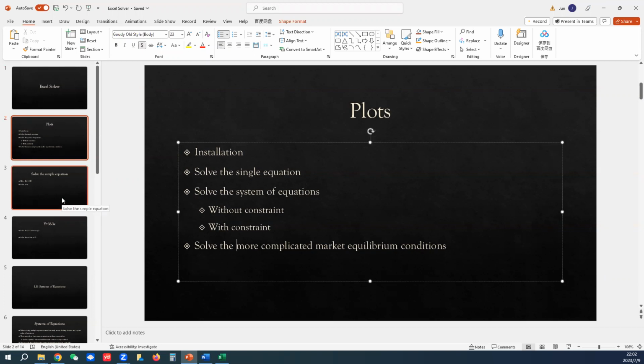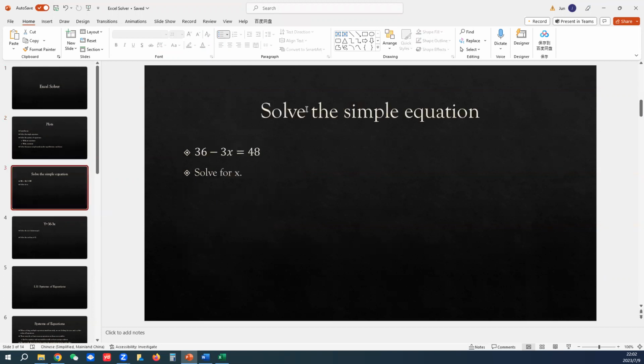So let's go ahead and do the first one: solve the simple equation. We start from something very simple. It is 36 minus 3x equals 48, and we are solving for x.